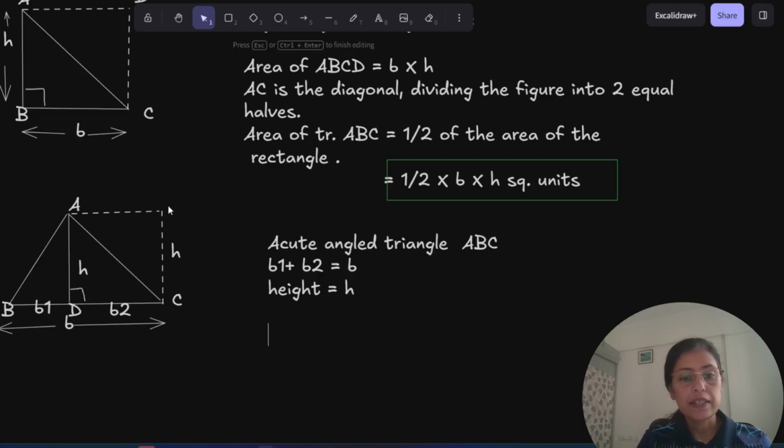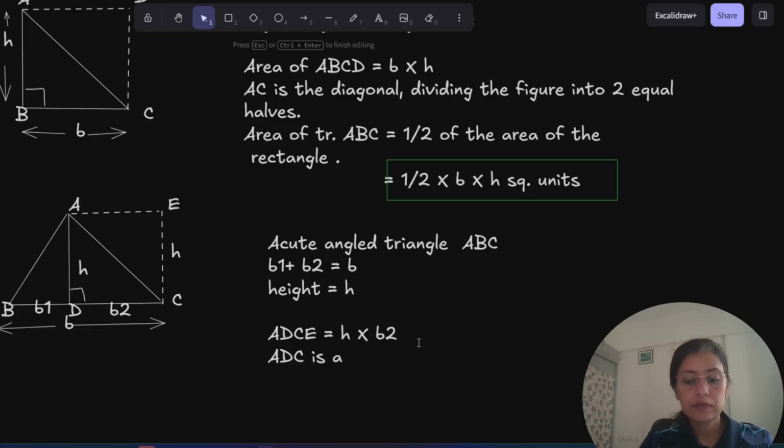So now if we consider this, I'll call it E. And if we consider ADCE, this is H into B2, right? This entire thing will be H into B2. And just like here we saw, right, this is now forming a right angle triangle. ADC is a right angle triangle.